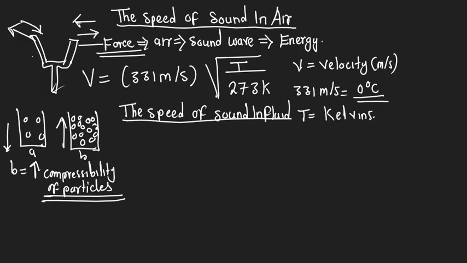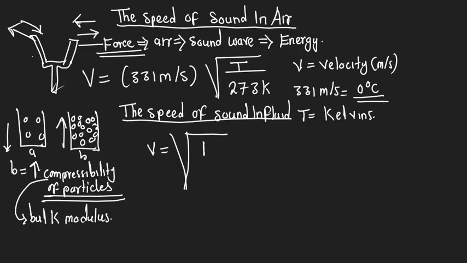Now, this compressibility is what we call the bulk modulus. Henceforth, the speed of sound in a fluid is given by the formula: V equals the square root of the bulk modulus over the density.